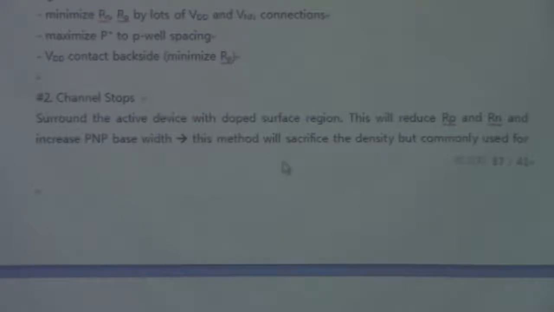This method will sacrifice the density, but it was commonly used for a long time to prevent the field inversion. But it is not common practice these days because the density is more crucial. So we have to do something else.